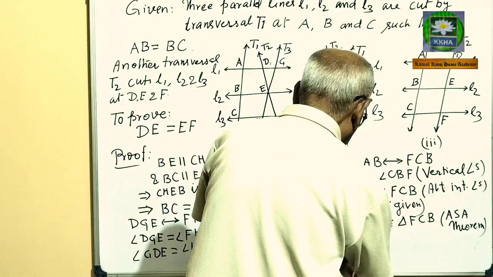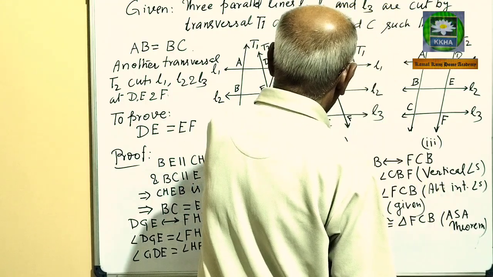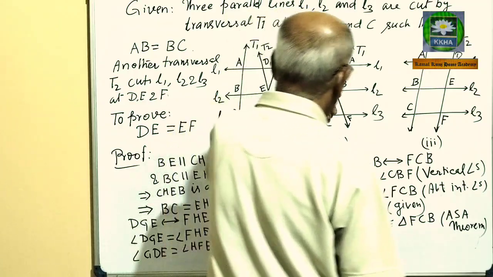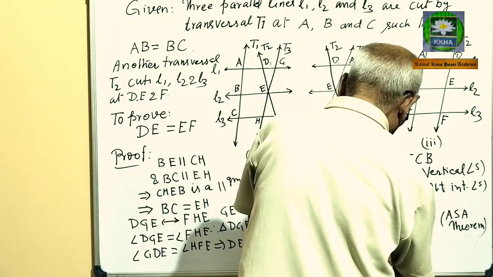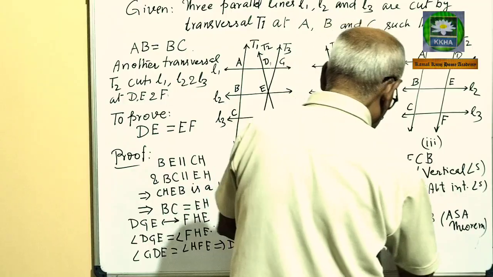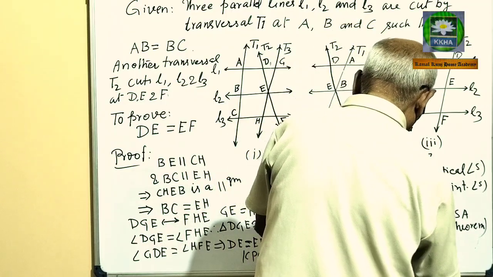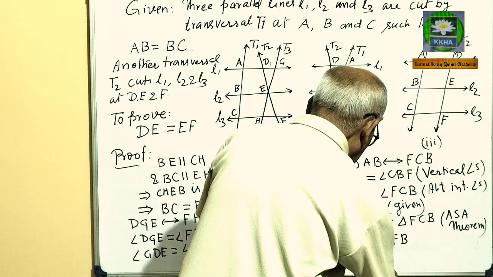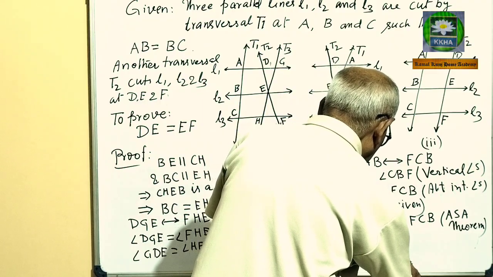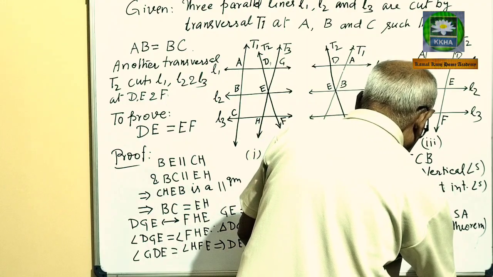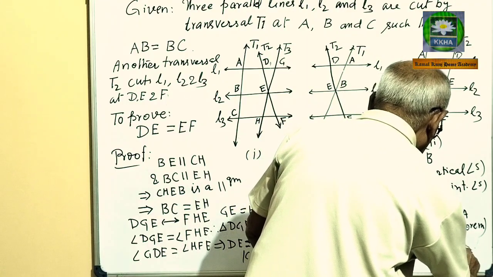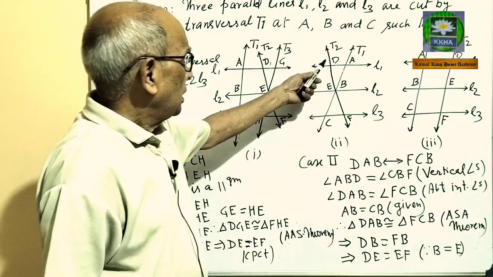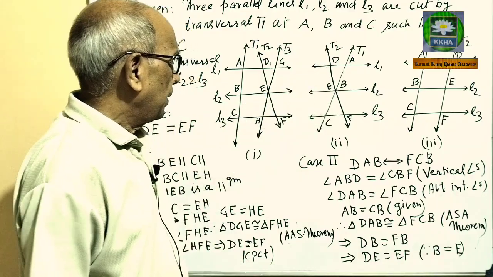This implies that DB is equal to FB. This implies that DE is equal to EF, since B is equal to E. So in this case also we have proved that DE will be equal to EF.